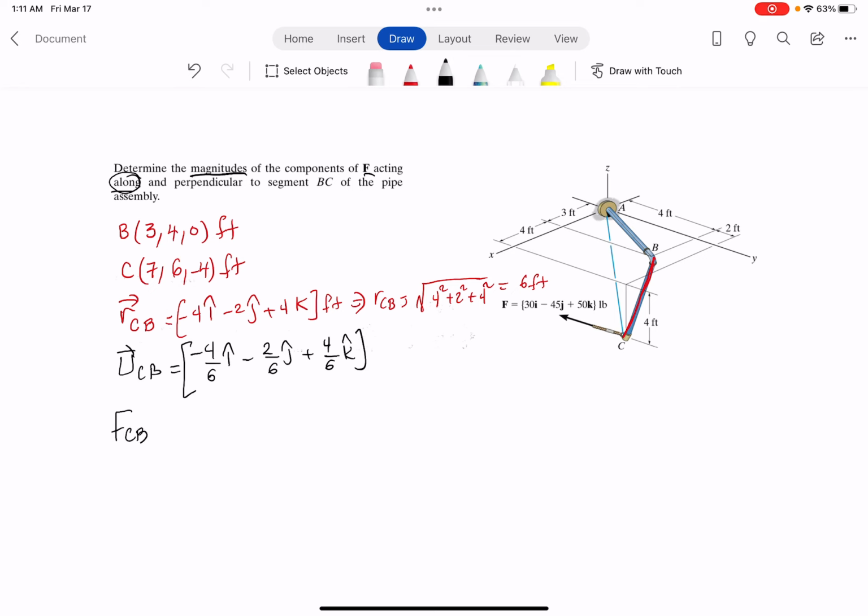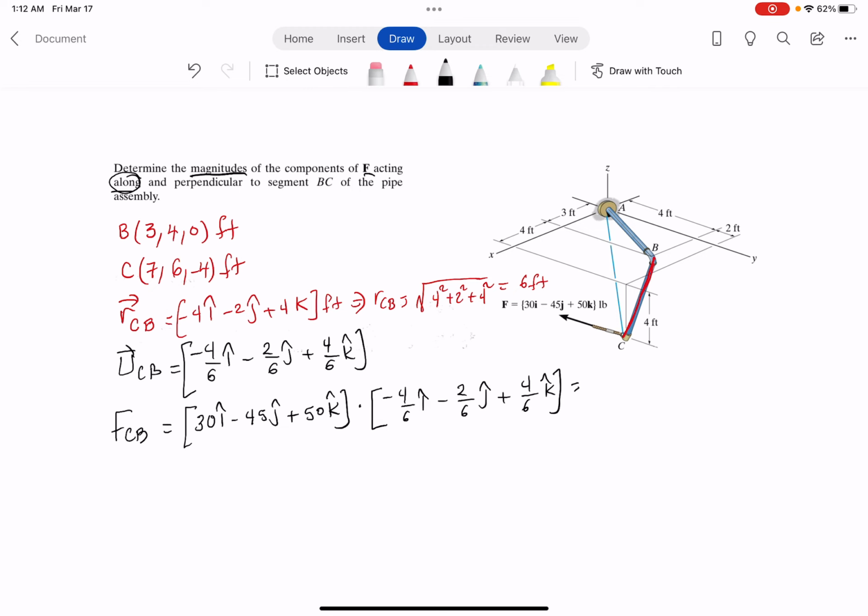The force along the segment BC is equal to the force (30i minus 45j plus 50k) dot the unit vector CB: -4 over 6 i, minus 2 over 6 j, plus 4 over 6 k.